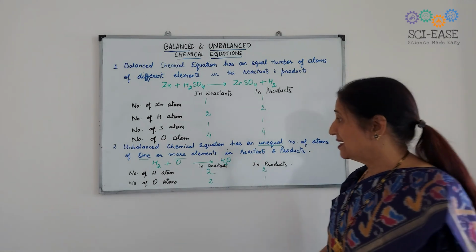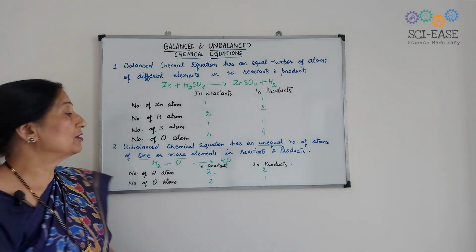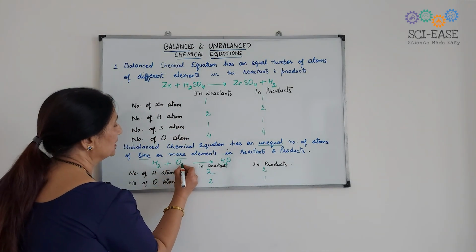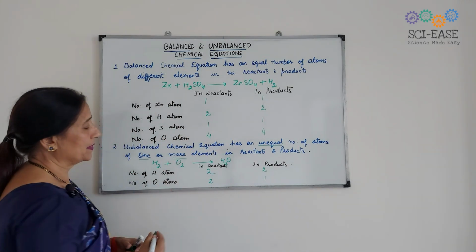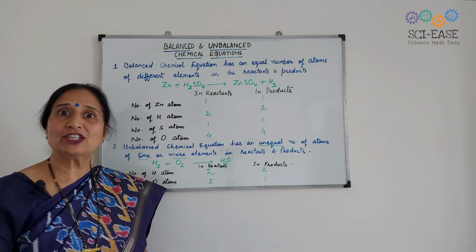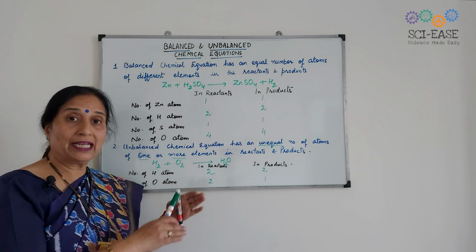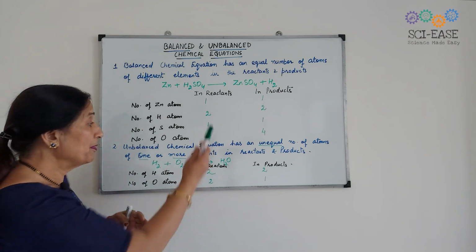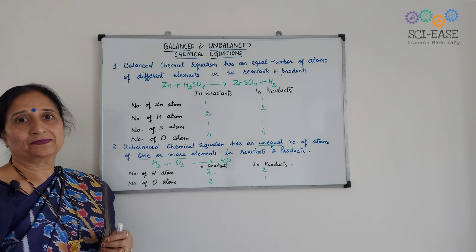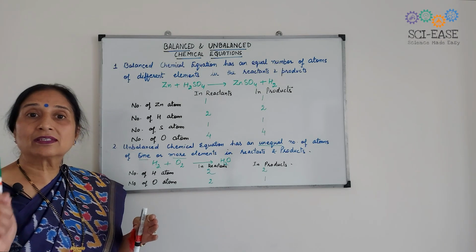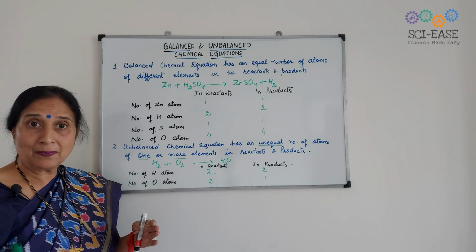But mind it, we cannot change the formula of the molecule. We are to write just some integer like 2, 3, 4 before the formula. We are not to change the formula of the substance.